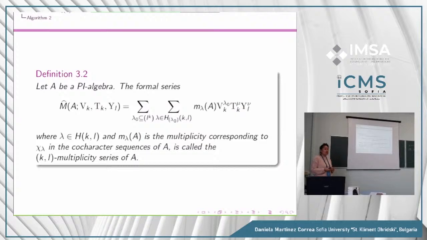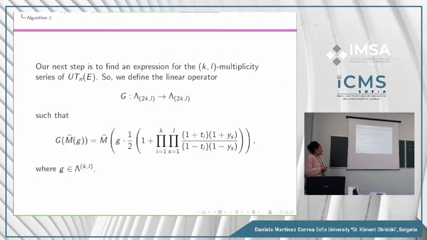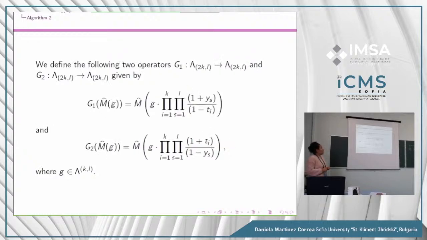For this, we define the following operator G, which is given by this expression, but note that this expression is the double Hilbert series of the Grassmann algebra. So we need to understand this operator, but it's very difficult. For this reason, we define the operators G1 and G2.